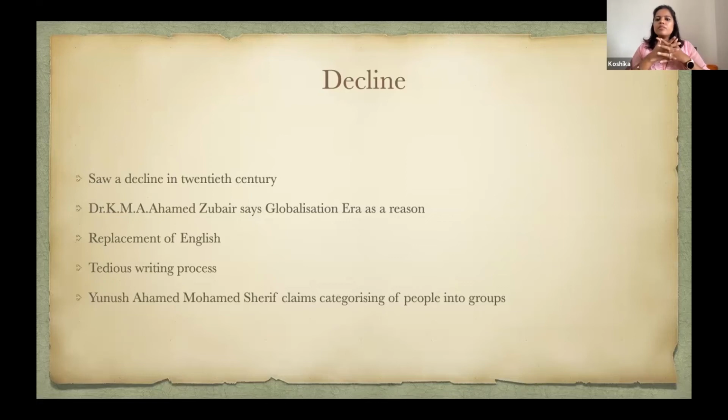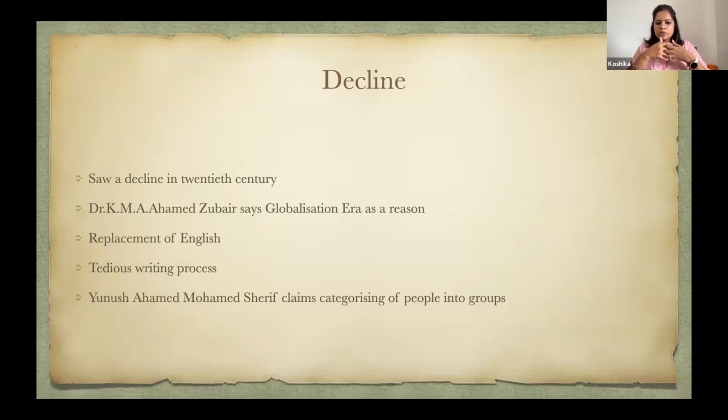When language was getting standardized, Arabic Tamil, which was very common among the Tamil Muslims, did lose its value.